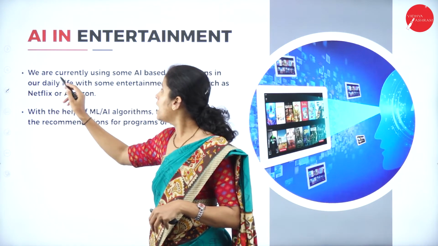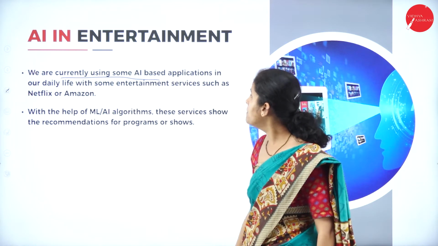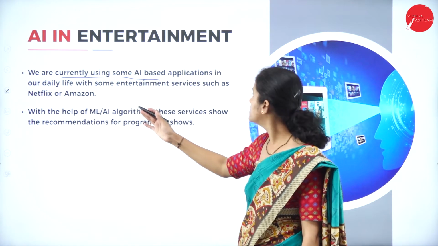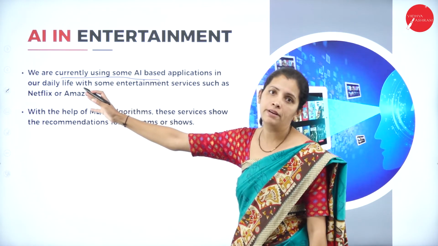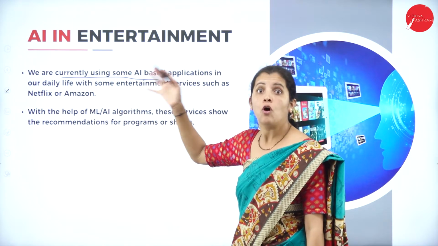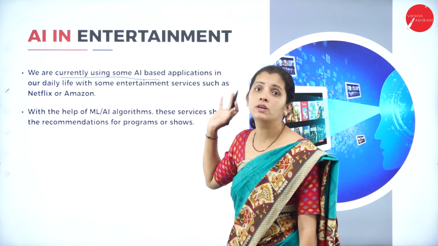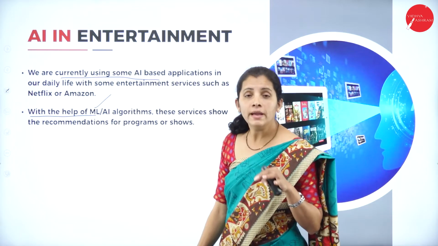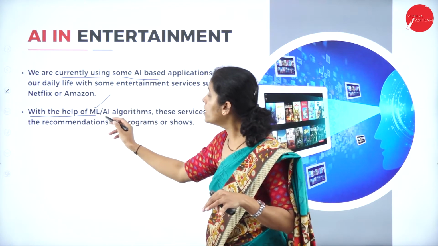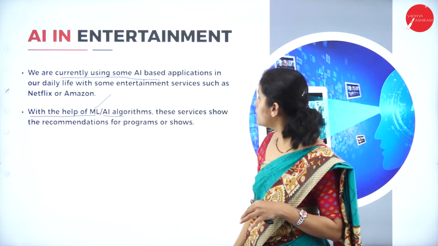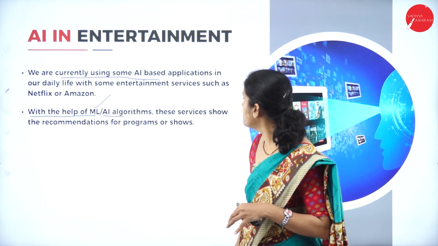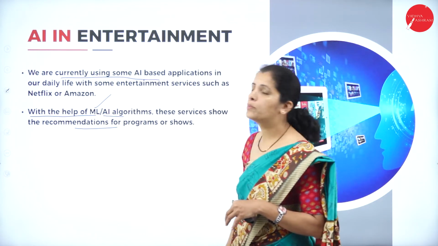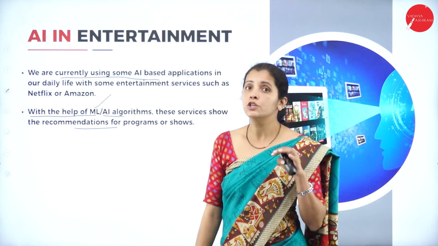So we currently use some AI based applications in our daily life, that is nothing but Netflix or Amazon, or even I can consider Zee5. With the help of machine learning or artificial intelligence algorithms, these services show recommendations for programs as well as shows.